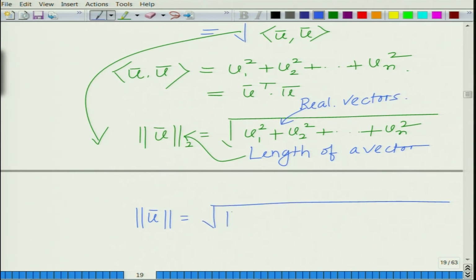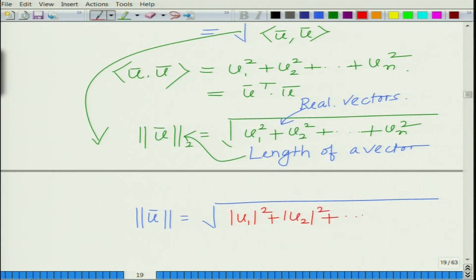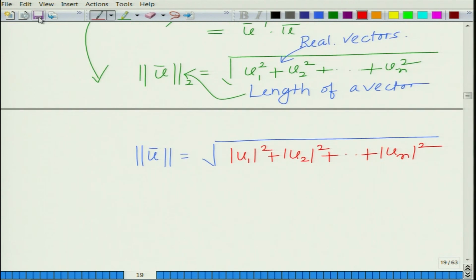For complex vectors, this will be simply the magnitude, that is mod of u1 square plus mod of u2 square plus so on up to mod of un square, and so this is for a complex vector.